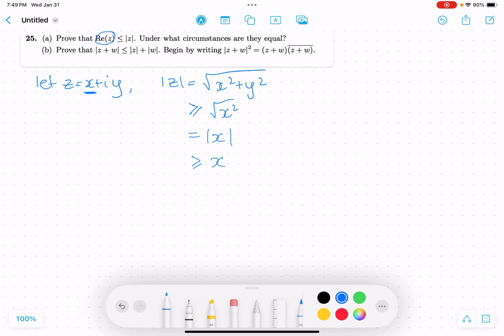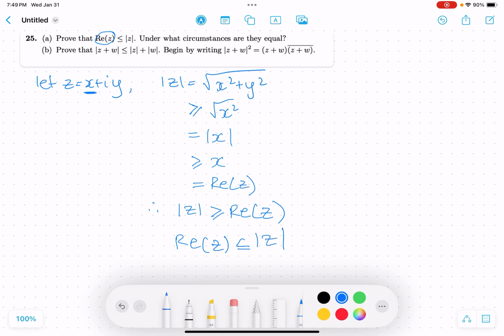Okay, and so x is equal to real z. So therefore now you've got that our mod z is greater or equal to our real z, which if I write it backwards is what we wanted. So real z is less than or equal to mod z.